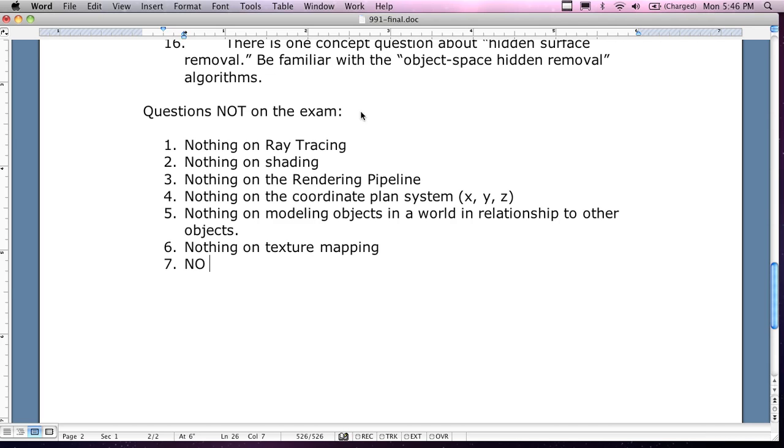No math or technical types of calculation questions. Technical calculation.